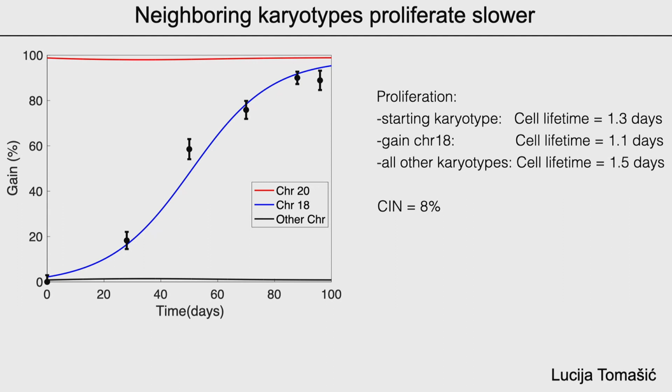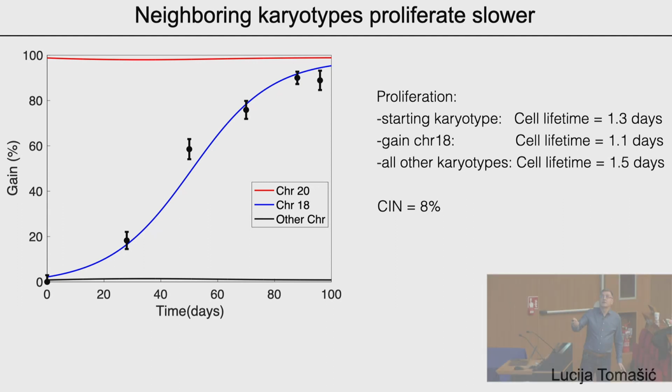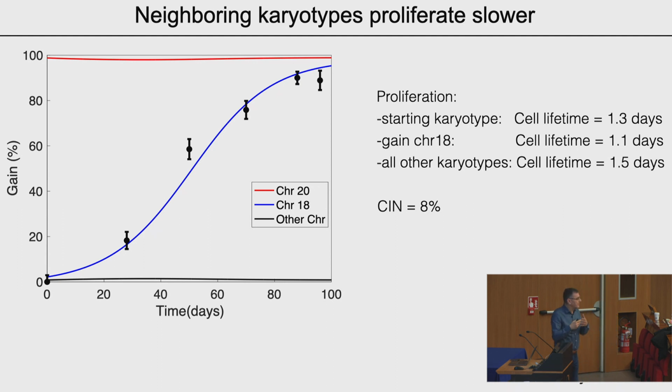Please note that what we said here is a huge parameter space, and because of this huge parameter space, we couldn't say that all other karyotypes should proliferate at this rate, but definitely the neighboring karyotypes should proliferate that fast to explain what happens there.